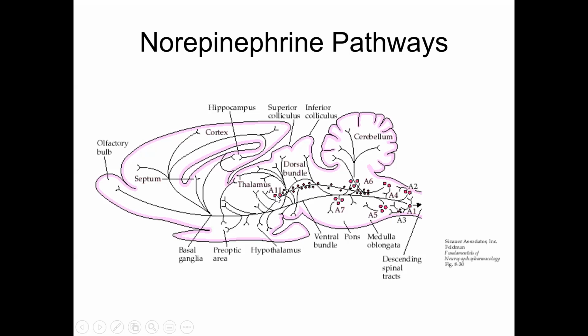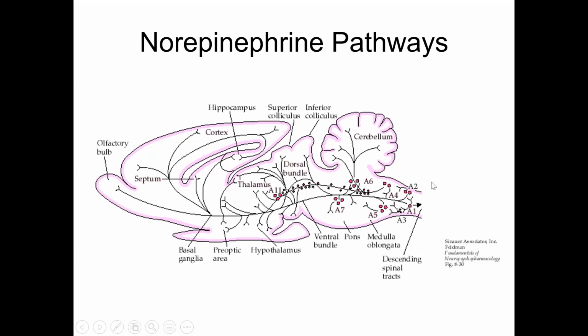There is a subgroup of norepinephrine containing cells in what is called the A10 cell group. That cell group up in the hypothalamus is primarily dopaminergic, but there's a small number of norepinephrine containing cells.